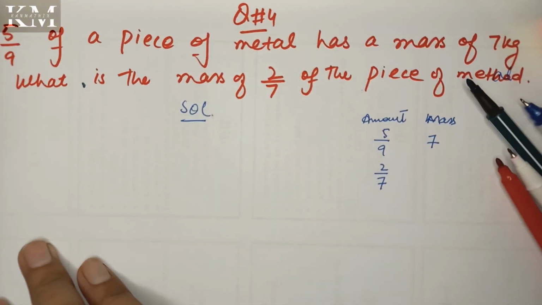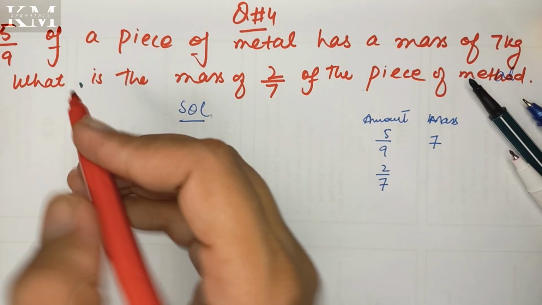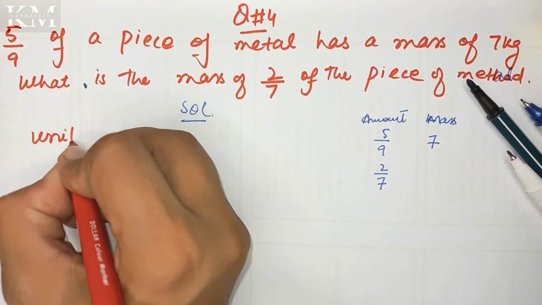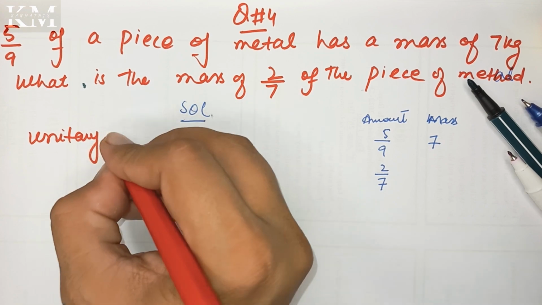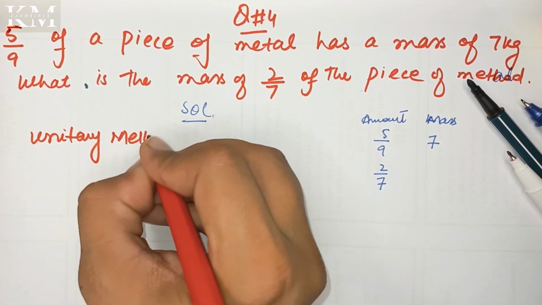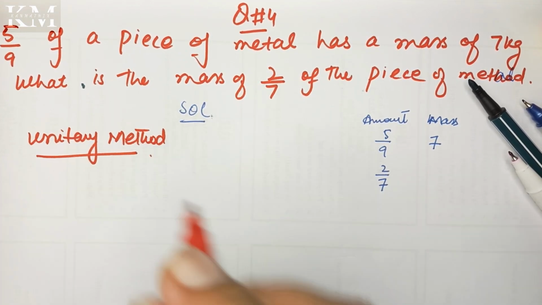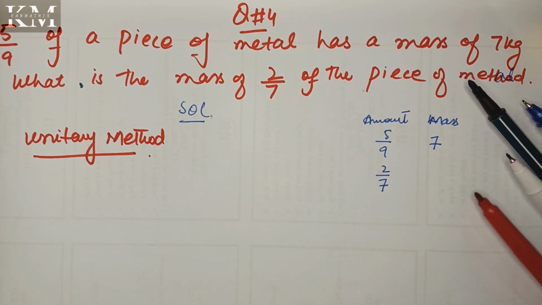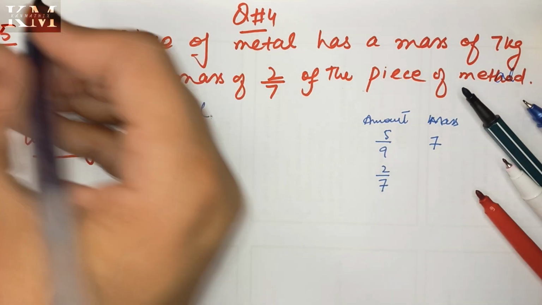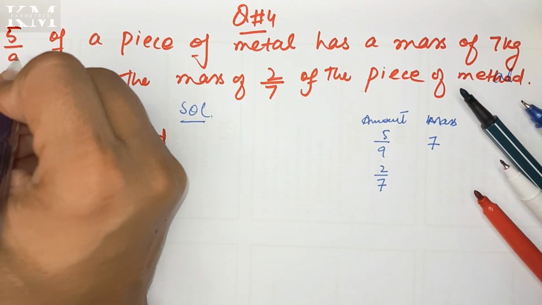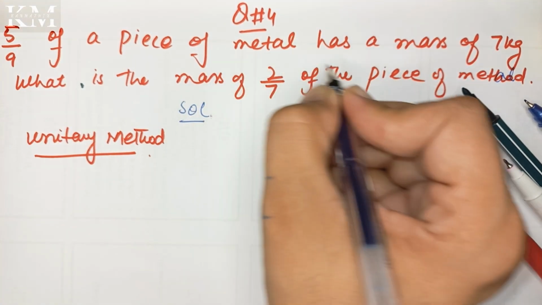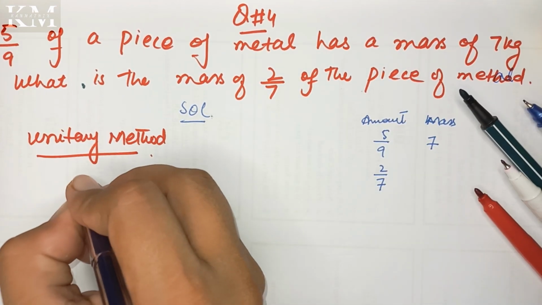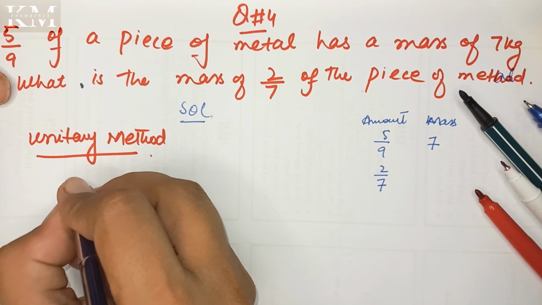As you know, in the unitary method we are interested in finding 1 unit, and then we can find the quantity we are interested in. The information given is that 5 by 9 of the piece of metal has a mass of 7 kg. So we will copy the same statement.